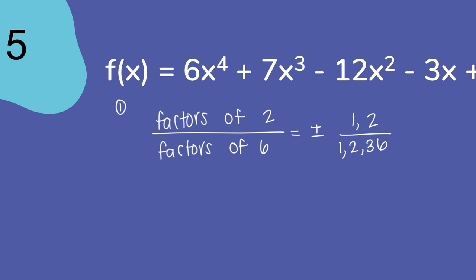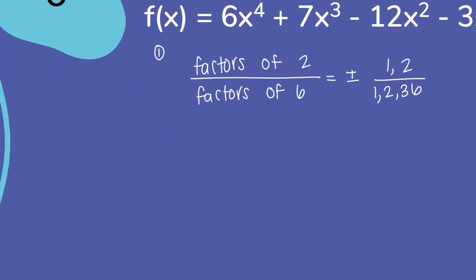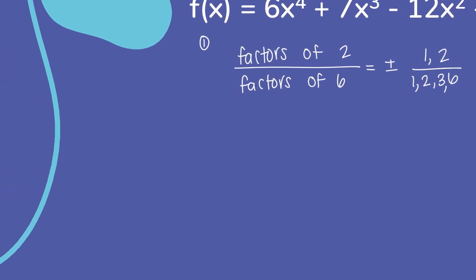I wrote my factors out. Now I'm going to write out all my possible answers. Not my answers, all my possible roots. Okay, all the possibilities that I could have. So what do I have? I'm going to write it over here. I have 1 over 1, which I'm going to put 1. 2 over 1, which I'm just going to put 2. And that was for my 1s.